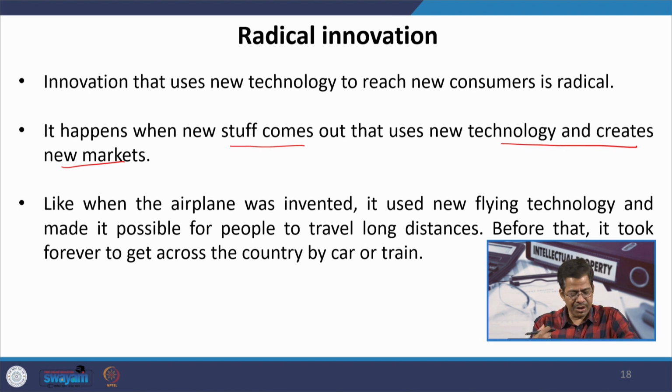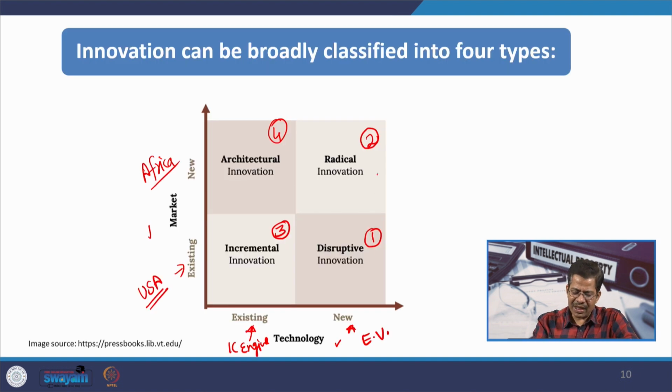This is a good example of how radical innovations are also happening. If I see this diagram of classification, if a radical innovation becomes successful, it will try to go into this path or this path.